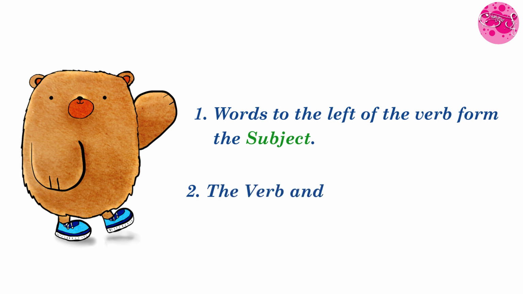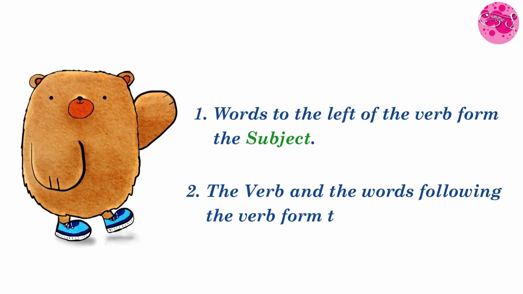Second one: the verb and the words following the verb form the predicate. Means the verb and the words which come after the subject are called the predicate, and we have to mark that as a predicate. Okay children?